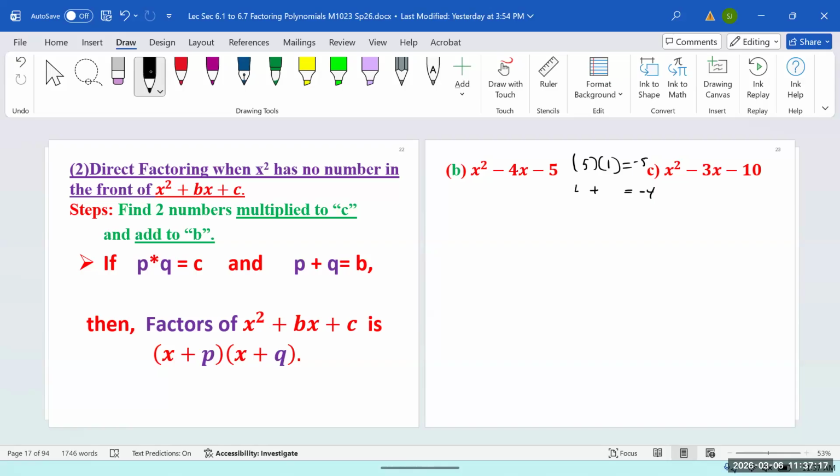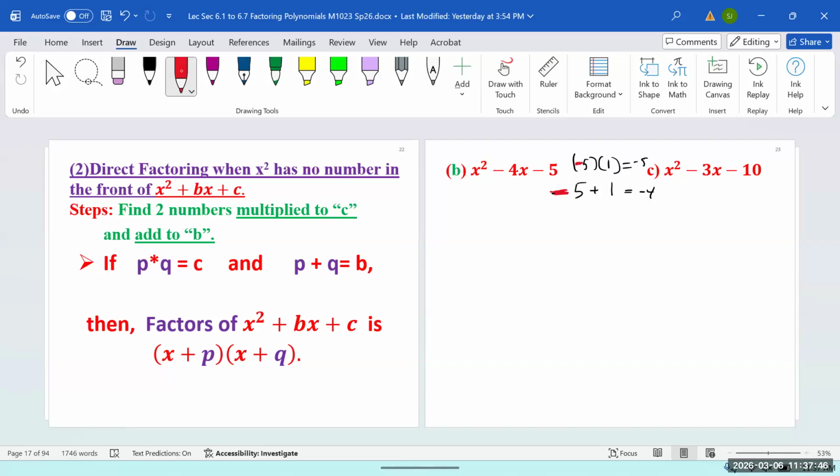So what sign must we put in front of which one, so that when we add them, the result is -4? The two numbers you're looking for are -5 and 1. -5 times 1 is -5, and -5 plus 1 is -4.